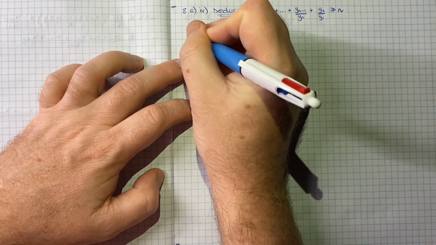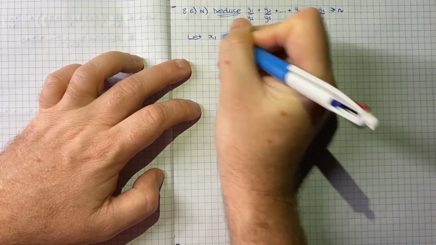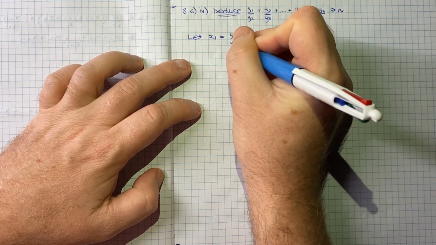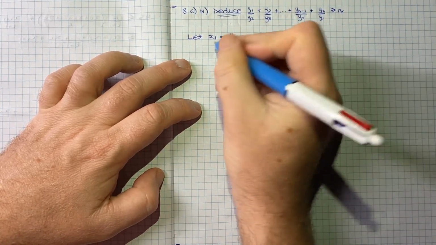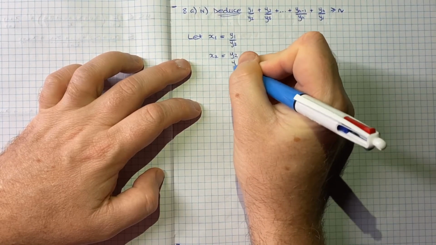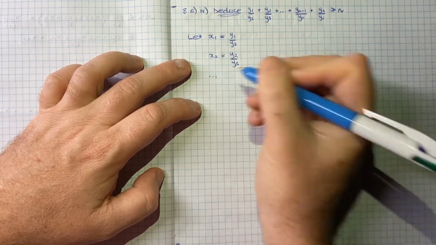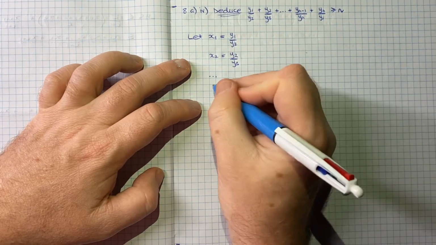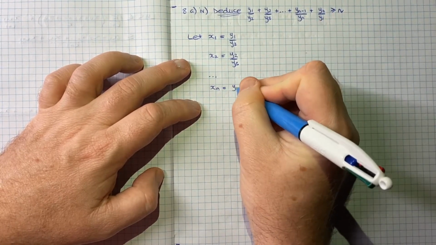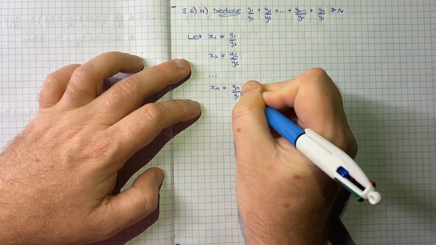So let's let x1 be this first thing here, y1 on y2. And let's let x2 be y2 on y3, and so on. And we'd let xn, our final x, be the final one here, yn on y1.